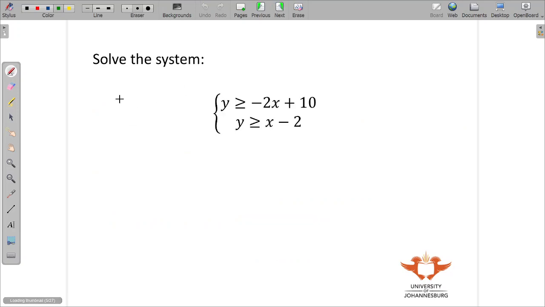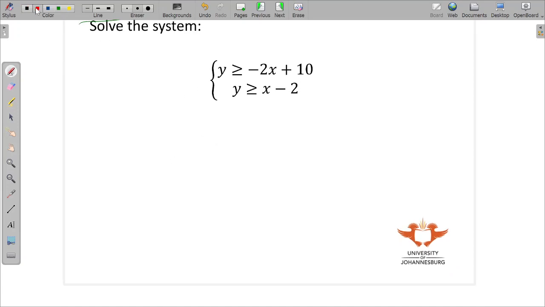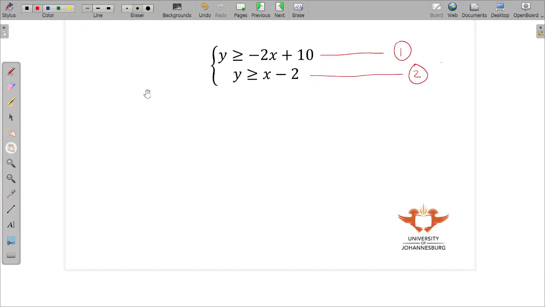All right, let's solve this example. We want to draw this graph. We have this inequality, which I call inequality 1, and this one, inequality 2. Again, we use the same method as before.